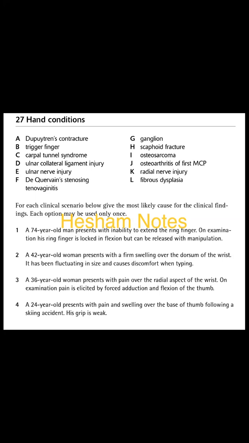Finkelstein sign is a stenosing tenovaginitis of the tendons of the extensor pollicis brevis and abductor pollicis longus, the first compartment of the extensor compartment, which is the lateral boundary of the anatomical snuffbox. It is called de Quervain's stenosing tenovaginitis, and this sign is characteristic for it. Keep it.